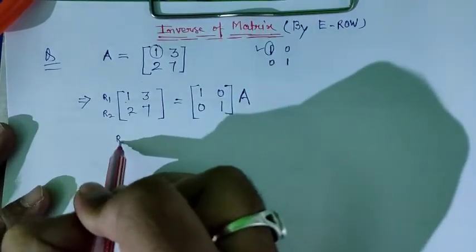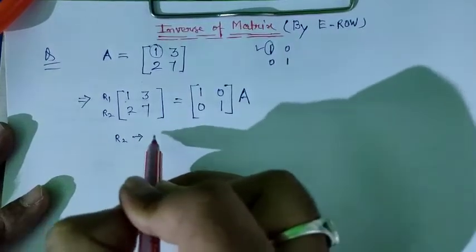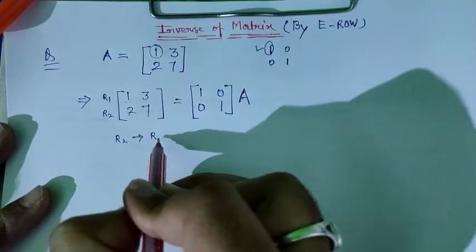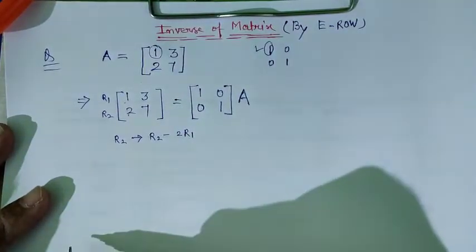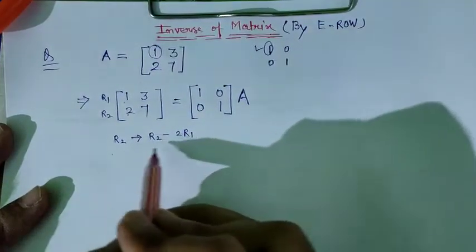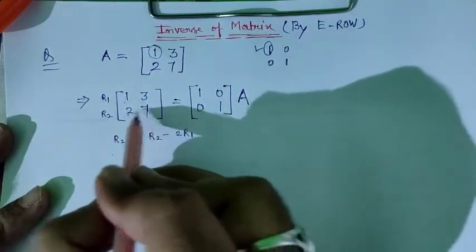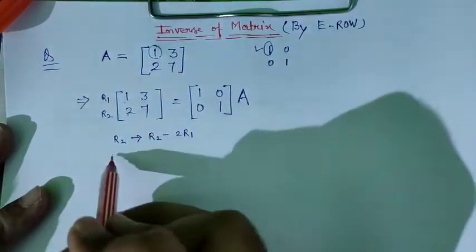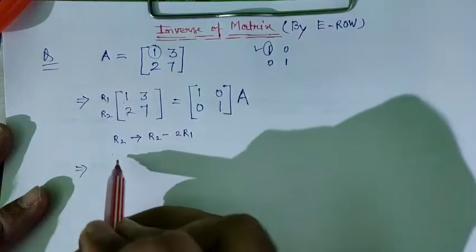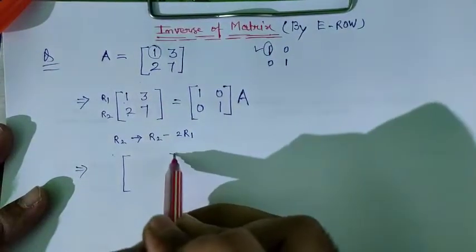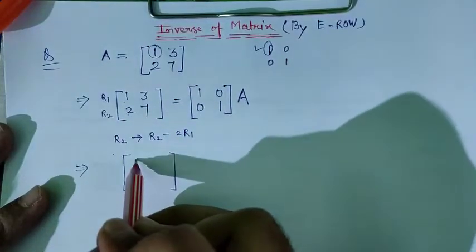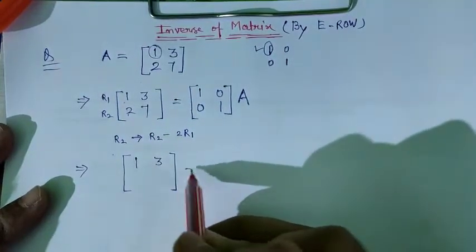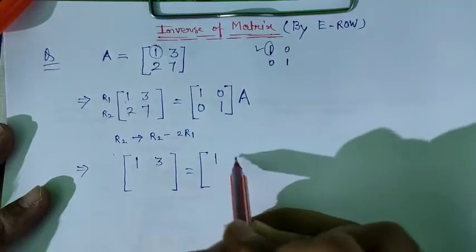If I do R2 minus 2R1, now whatever operation I am doing here I have to repeat it here. But in R1 I am not doing anything, so I'll write it as it is, 1 3, and this will be 1 0.